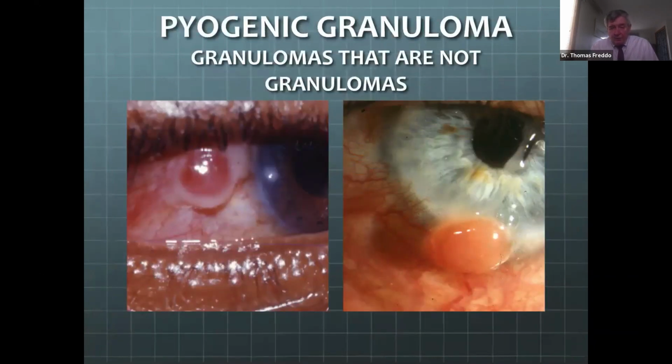I also wanted to mention to you, again for the sake of completeness, something that we call a granuloma that is not in fact granulomatous. And that is the pyogenic granuloma, two examples of which you can see here.